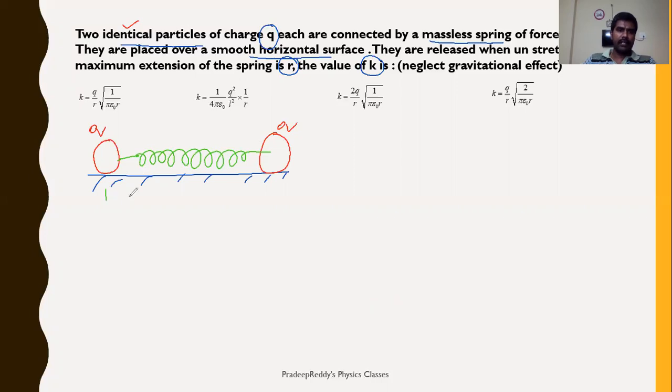The natural length of this spring, let us take it as L. So when it is at rest, its length is L, and these two are separated by that distance initially.